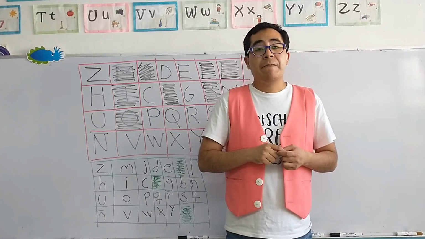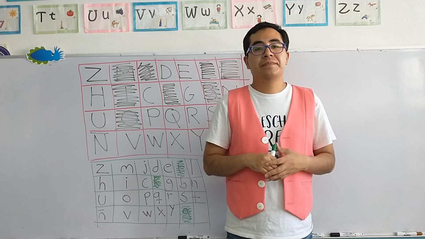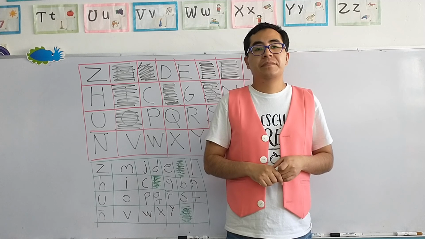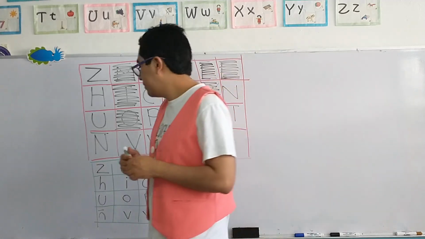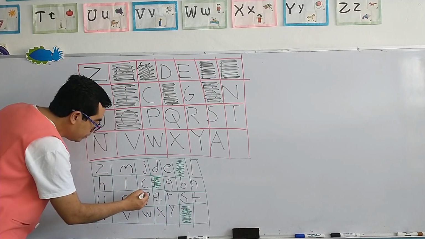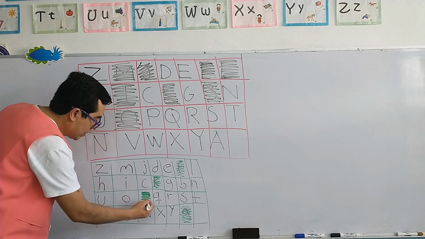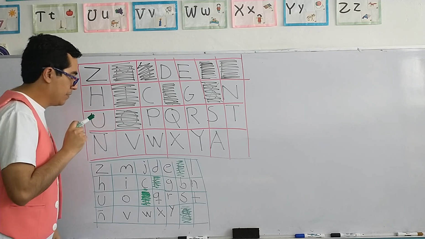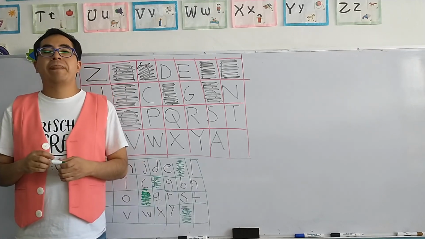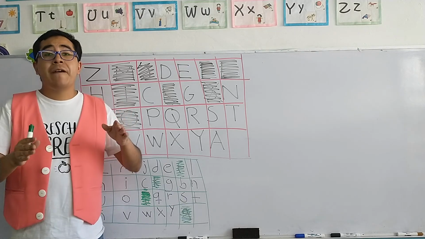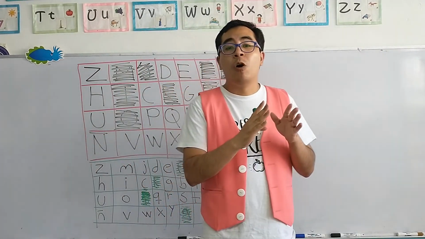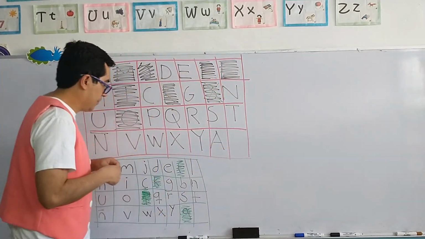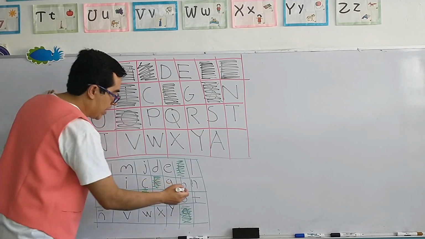Small P, for pear, for Pedro. Right here. Next letter, small N, for Nicole. Right here.